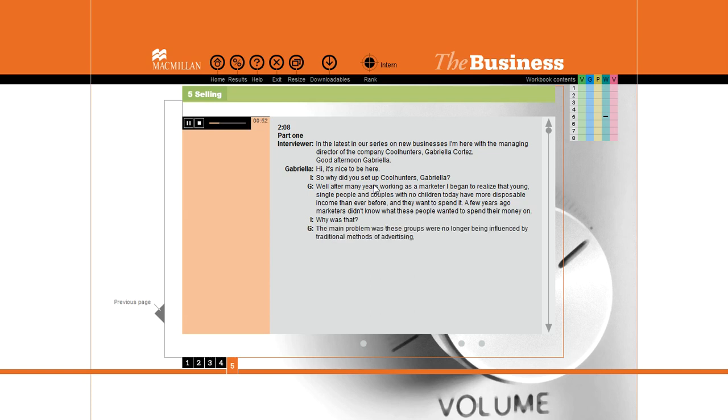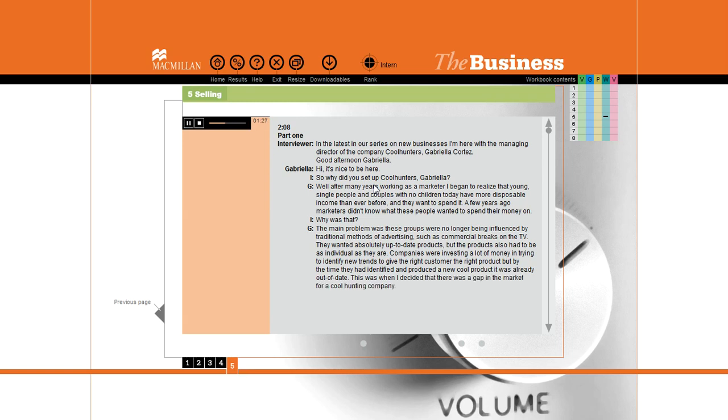The main problem was these groups were no longer being influenced by traditional methods of advertising, such as commercial breaks on the TV. They wanted absolutely up-to-date products, but the products also had to be as individual as they are. Companies were investing a lot of money in trying to identify new trends to give the right customer the right product. But by the time they had identified and produced a new cool product, it was already out of date. This was when I decided that there was a gap in the market for a cool hunting company.